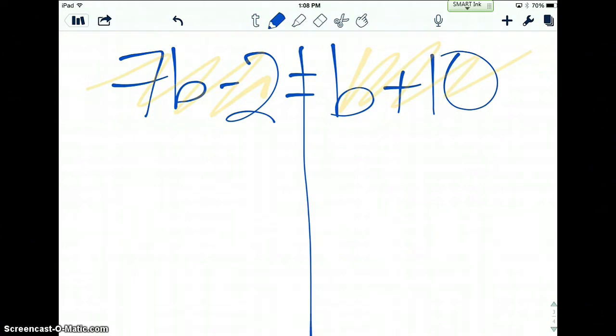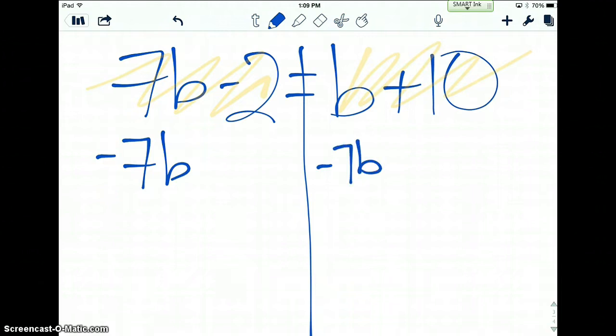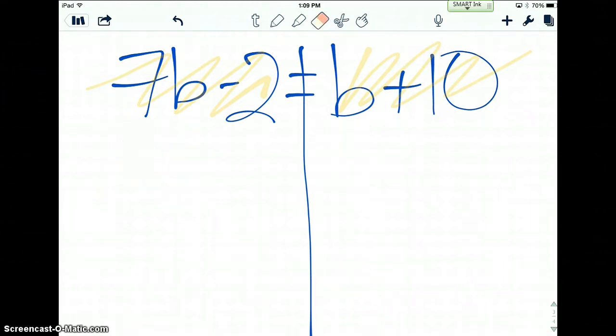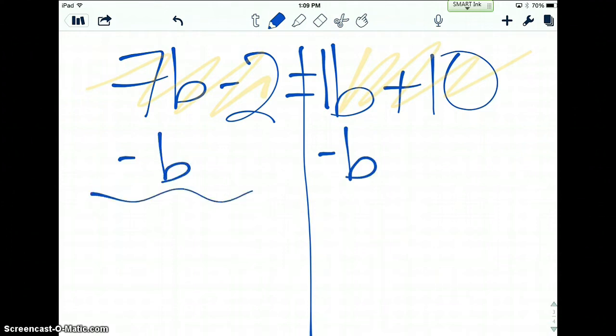So if I bring these 7b's to the right, I would have to subtract 7b, because 7b minus 7b would be no b's. But if I do that over here, I'm going to end up with a negative number of b's. So I don't really like that, even though that'll work. I'm going to instead bring this 1b over to the left. So I'm going to subtract 1b. And I'm going to subtract it over here also.